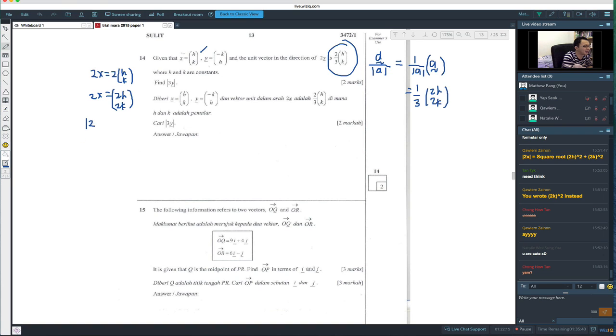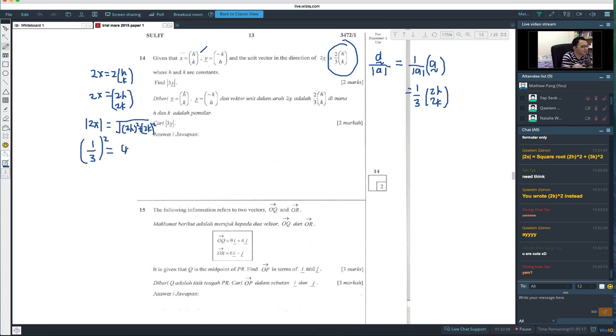So for the magnitude of 2x, basically it's the same thing, square root of 2h squared plus 2k squared. So from here, the whole thing should equal 1 over 3. I think so. 1 over 3. And then this one is just the square root. I move it here, becomes square.